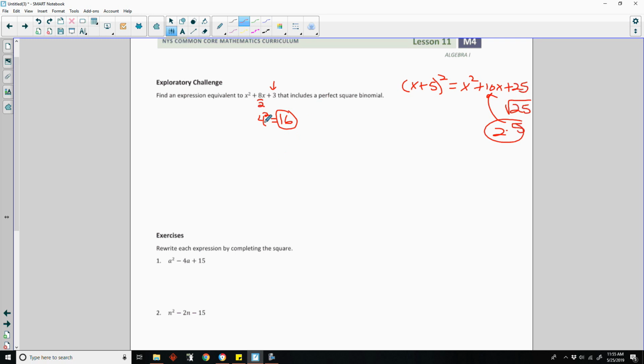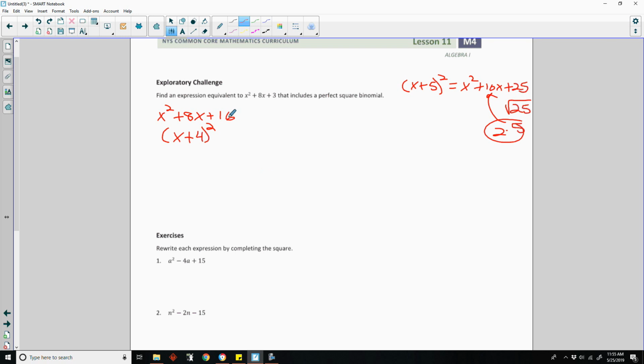So I needed a 4 here, not 3. Does that make sense? So in order for this to be a perfect square, it had to say x squared plus 8x plus 16.